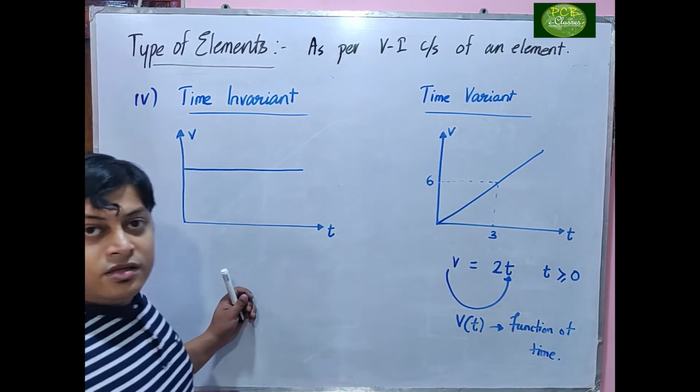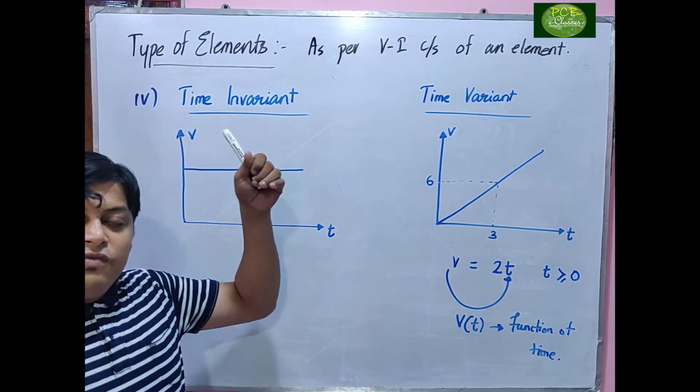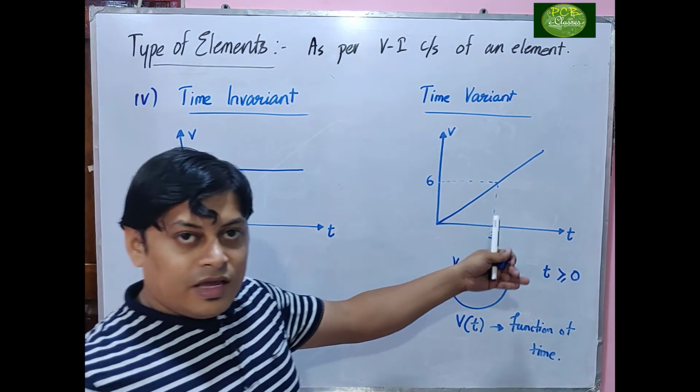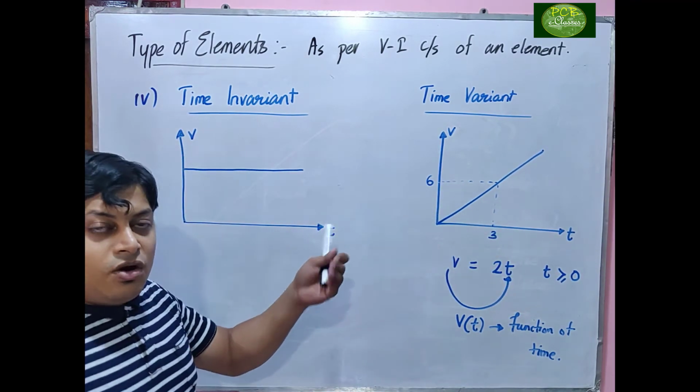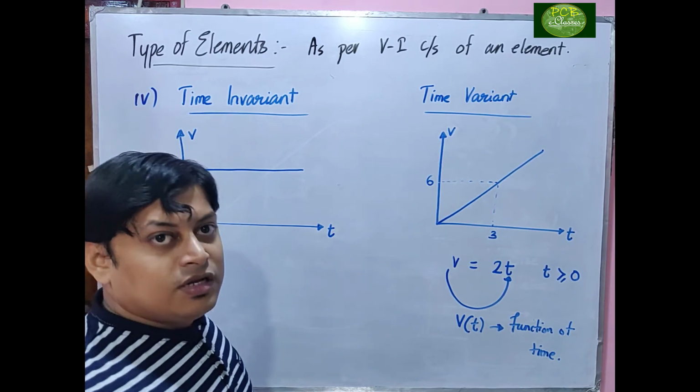Right? So this is about only a particular voltage I have said. Similarly, the current is also changing. Both voltage and current are changing, or any one is changing. Then definitely the characteristic will also change.